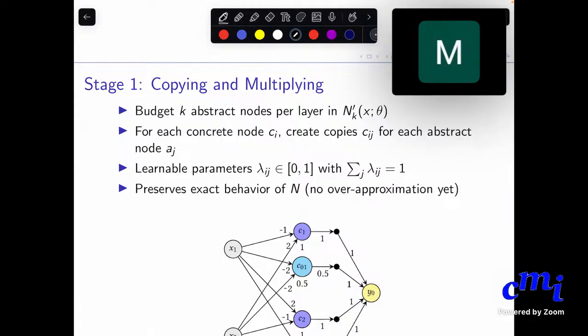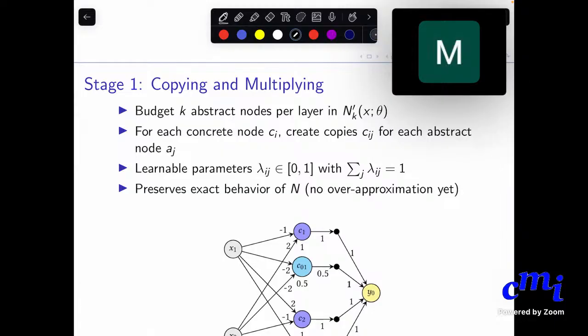We need to make sure that the summation of lambda ij is equal to 1, so that ultimately the behavior of the neural network doesn't change yet. It is exactly mimicking the original network. I'm not changing anything, because the output is like a fraction.